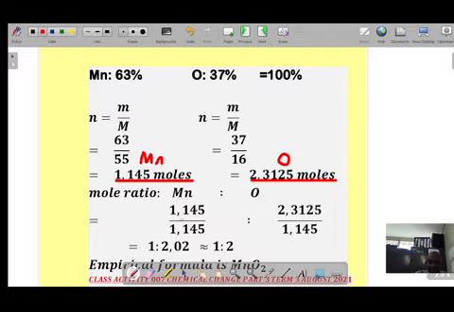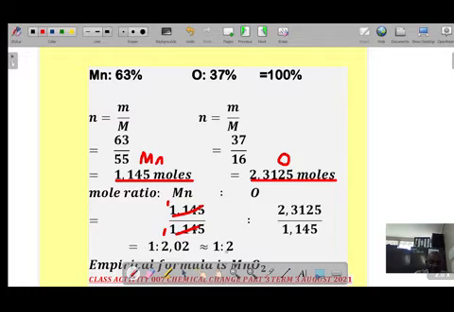Okay, so here, when I do so, this one is going to cancel with this one. If I divide this one, I'm going to get 2.02. So here I got actually 1. Now the 2.02 is approximately what? It's approximately 2.